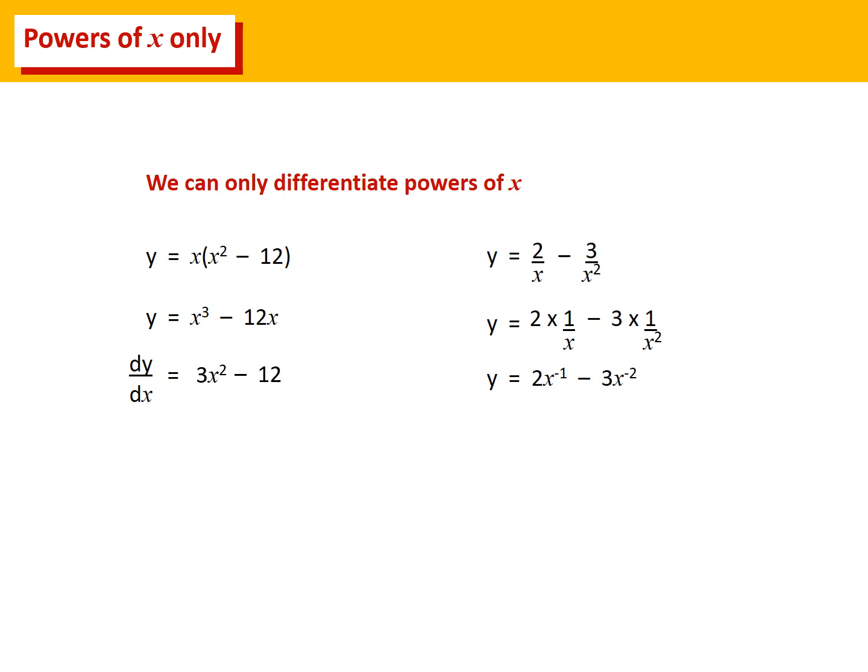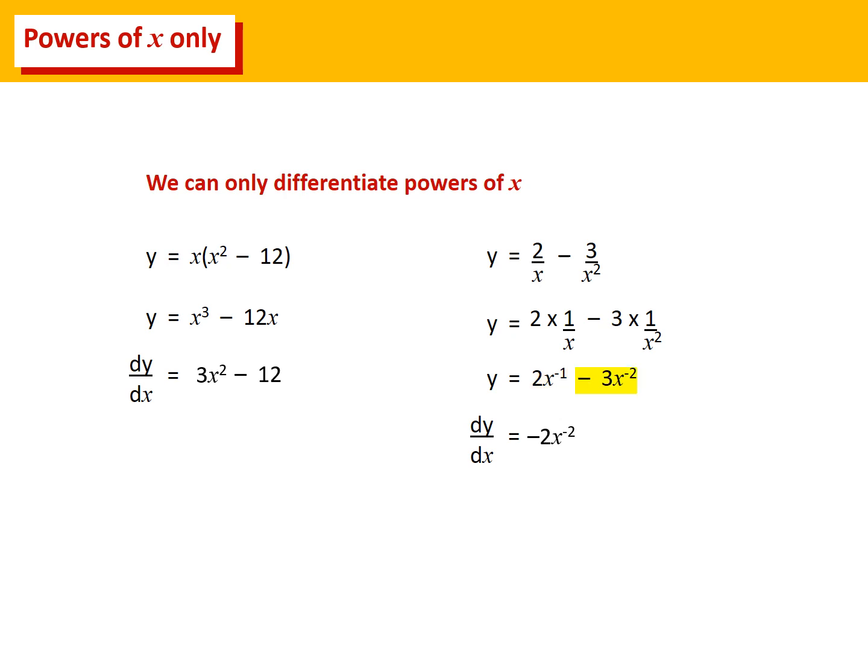So now I've written my expression as powers of x, I can now apply the rules of differentiating. So bring the power down, so that's negative 1, and then reduce the power by 1. So 2x to the negative 1 becomes 2x to the negative 2. I've reduced that power by 1. And that simplifies to negative 2x to the negative 2.